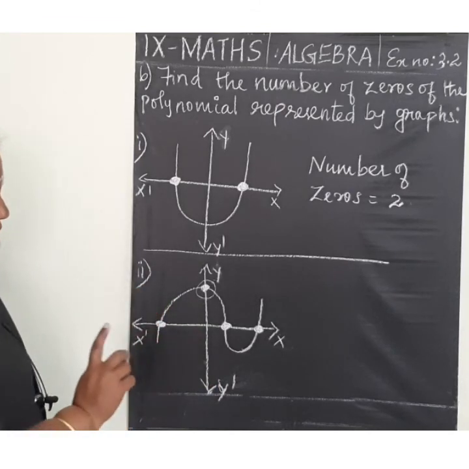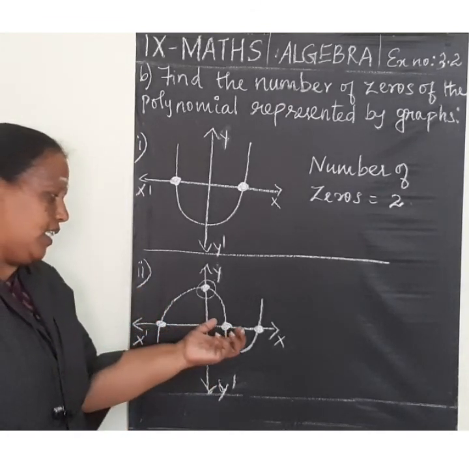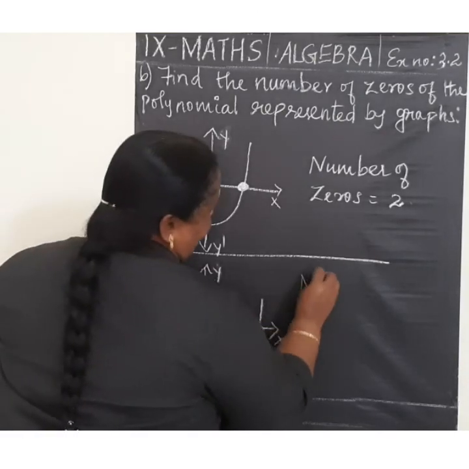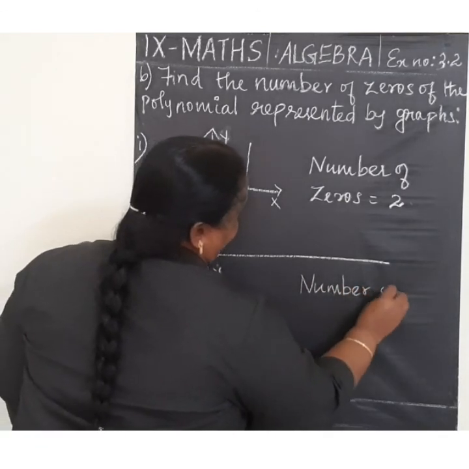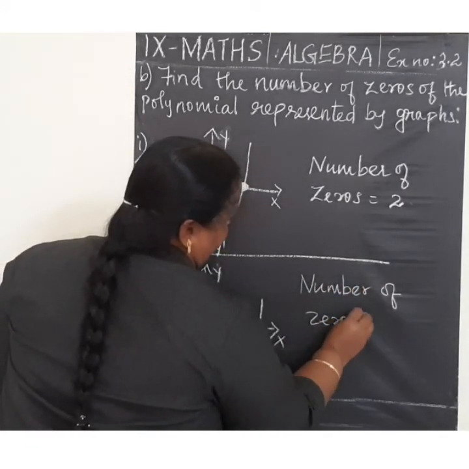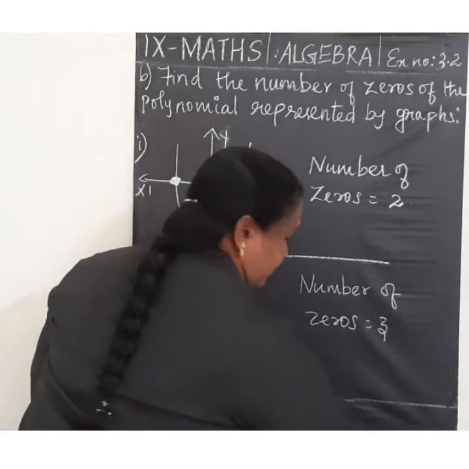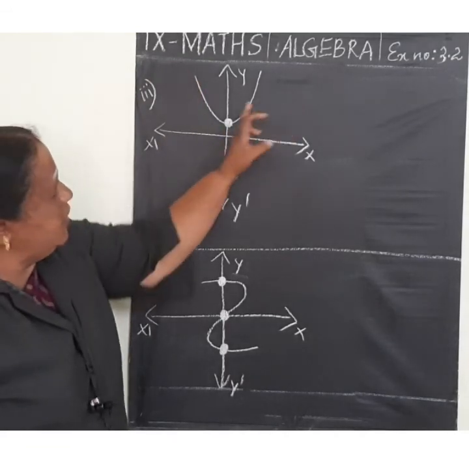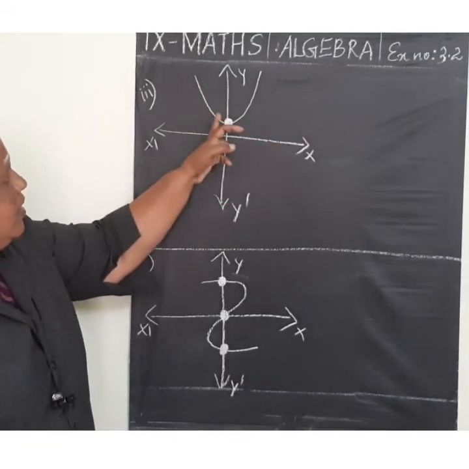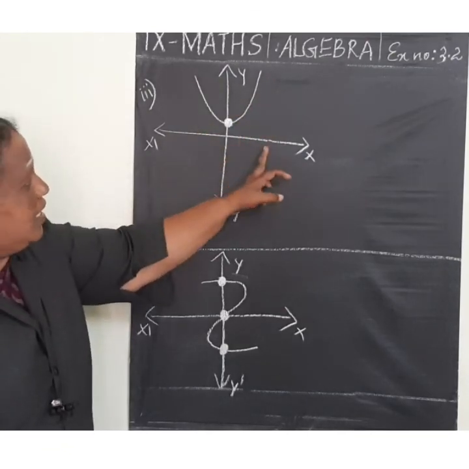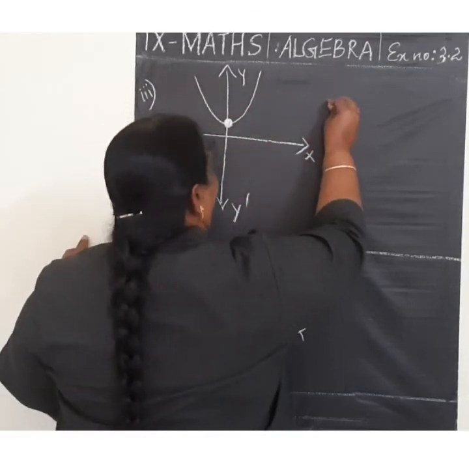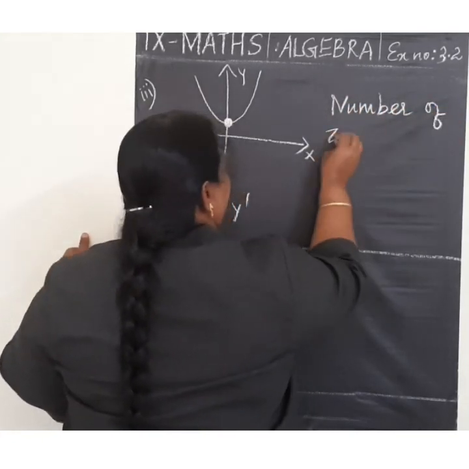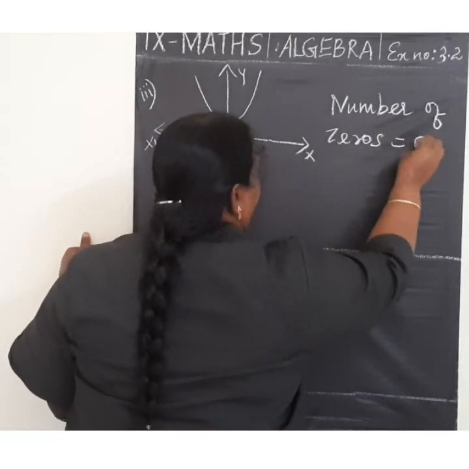For the number of zeros we have to see only where the curve touches the x-axis. So the number of zeros here is 3. Third subdivision, here the curve does not touch the x-axis, so the number of zeros is equal to 0.